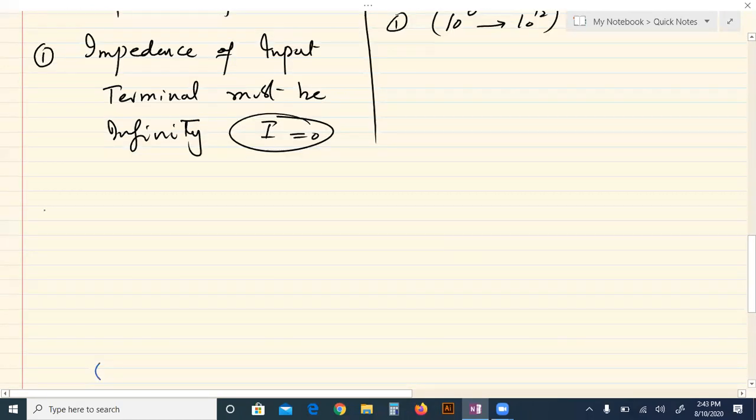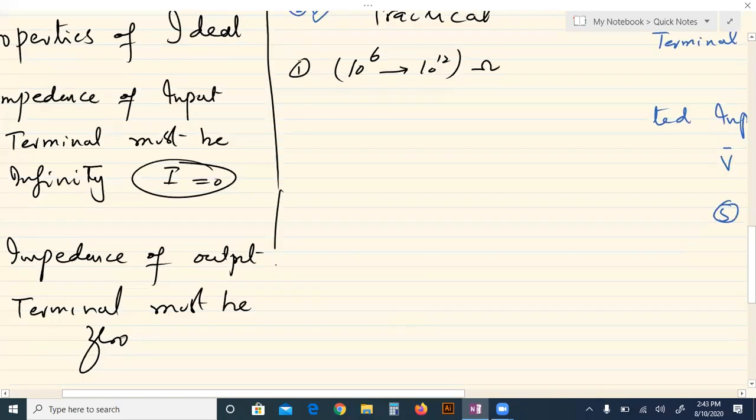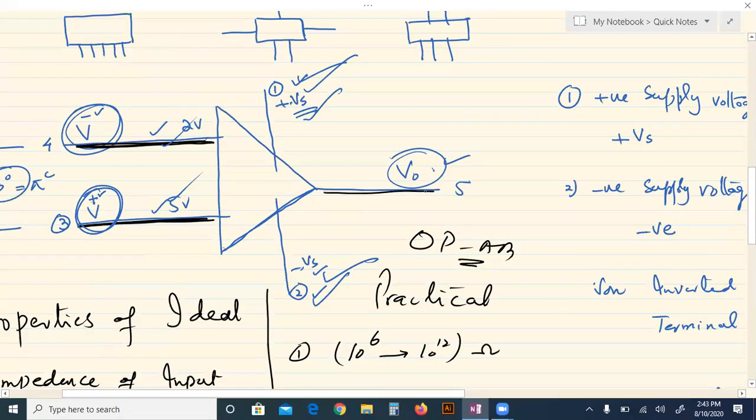Number two, ideally, it was assumed that the impedance of the output terminal must be 0, but practically it was 100 ohm, because this output terminal is connected with other electric components, and electric components work on voltage and current.